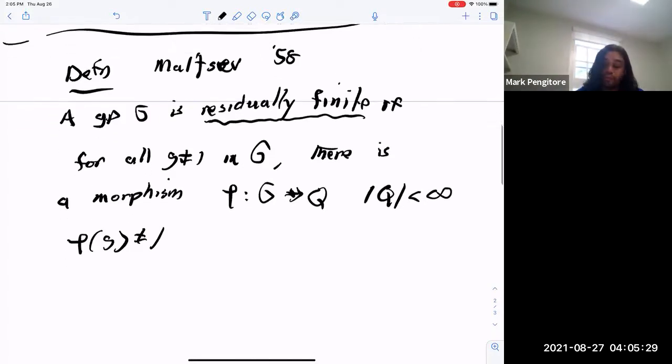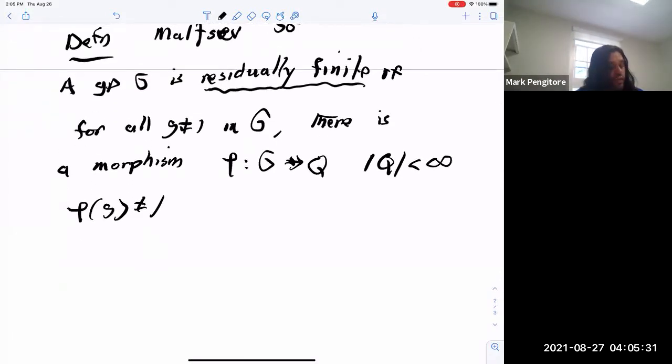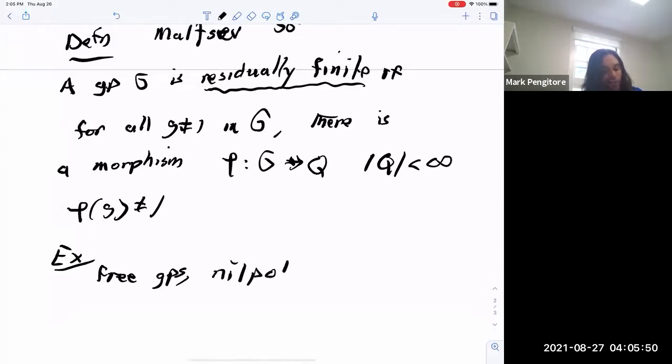Okay, so this is also a well-studied subject, and there are lots of familiar classes of finitely generated groups that are residually finite. So free groups, something that everyone likes, nilpotent groups, something only I like. That's a joke, but yeah.